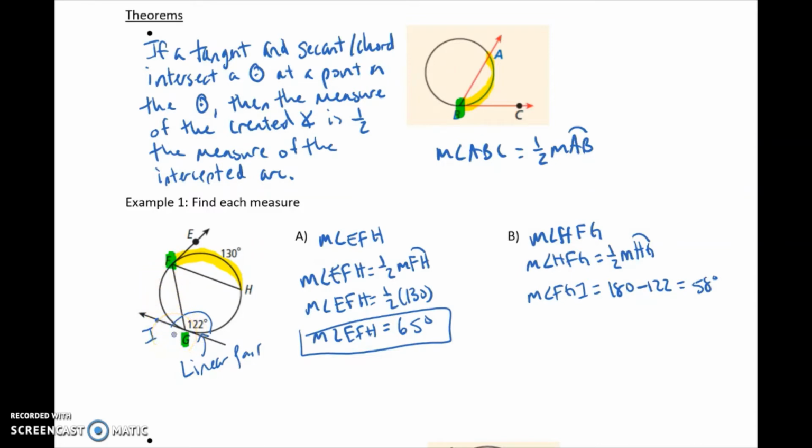So if I double 58, I know that the arc from F to G is 116 degrees. Then I can use the 116 and the 130 to find HG because I know a full circle is 360.